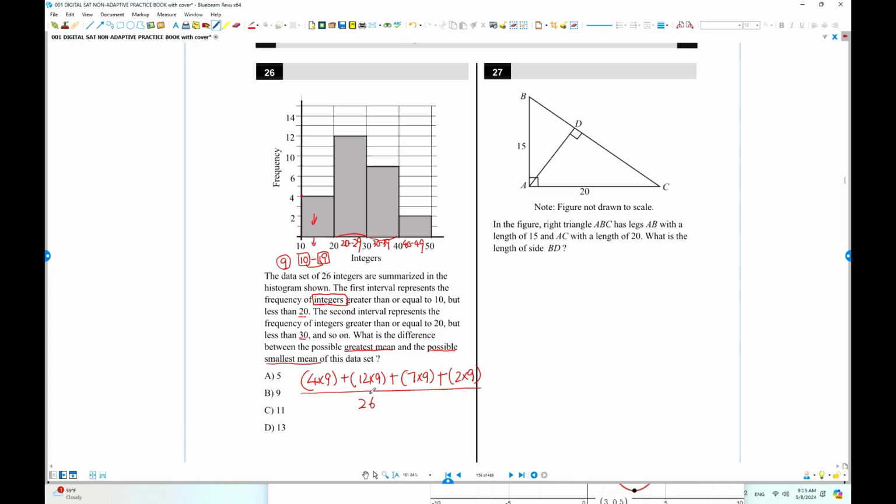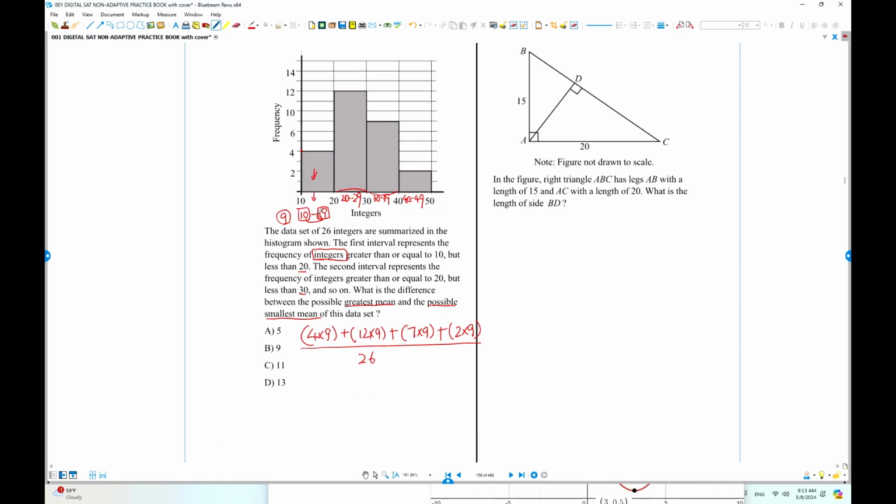Okay? Or you can add this way: 19 times 4, difference is 9, okay. That's the maximum data. Maximum data is 19 times 4, the next one is 29 times 12, 39 times 8, 49 times 2.